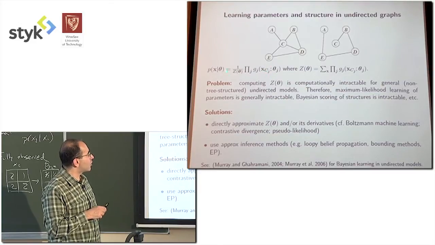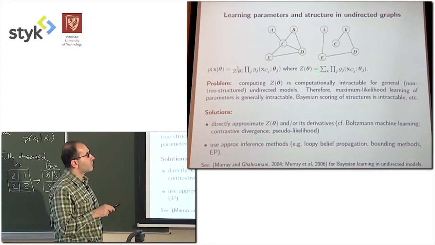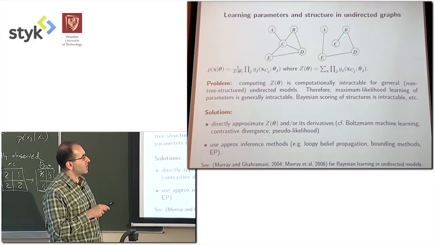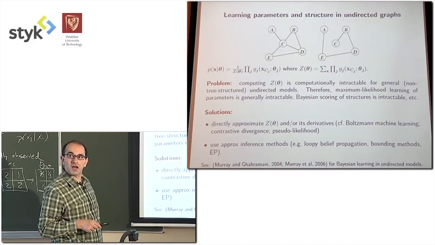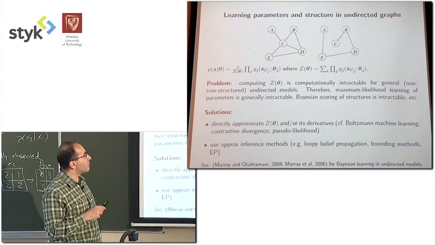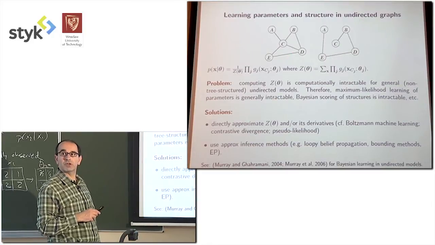And this normalizing constant, in general, involves summing over all the variables. So for some simple graphs that maybe look like chains or trees, the normalizing constant can be computed exactly. Whereas for more complicated graphs, much larger than this one, the normalizing constant is not possible to compute exactly.